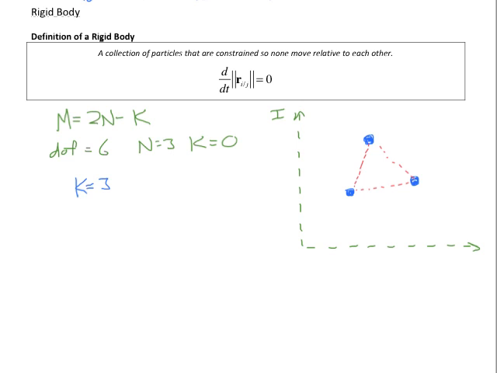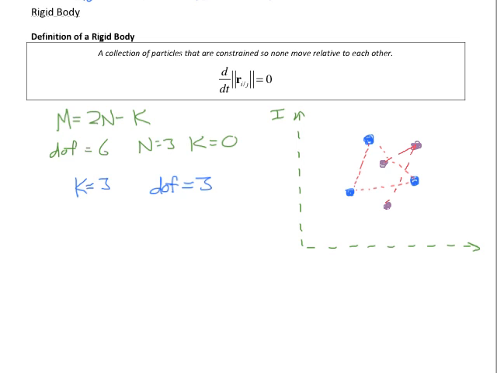And you can easily see that the degrees of freedom drop from 6 to 3. And we've stated this before intuitively, in which we have 2 translational degrees of freedom, so we can move to the left and to the right if we define our coordinates this way, and 1 rotational degree of freedom.